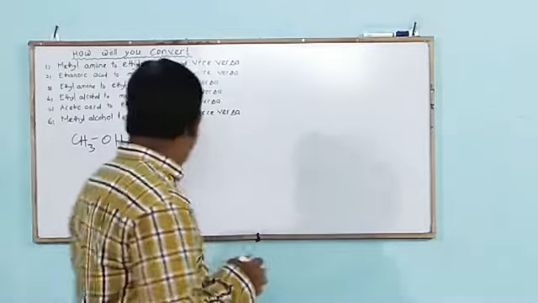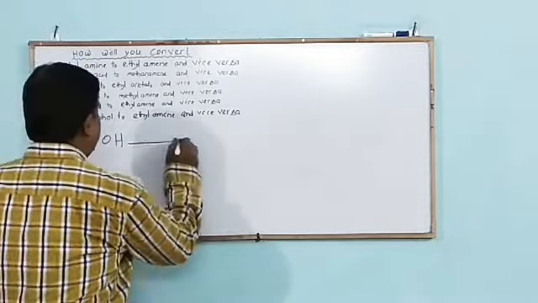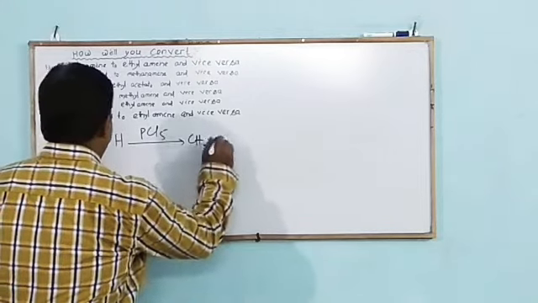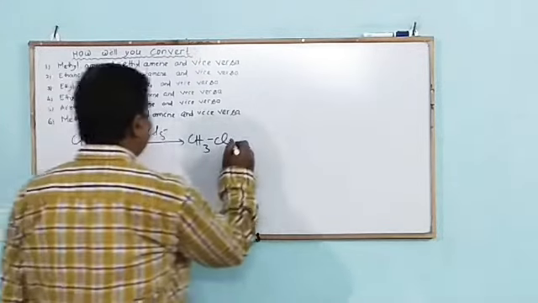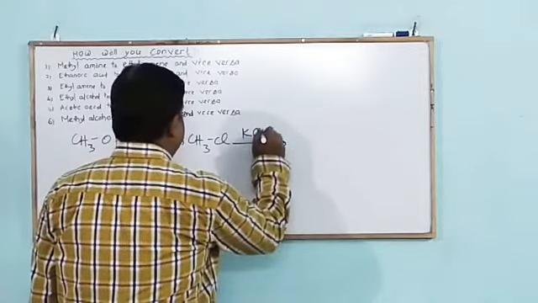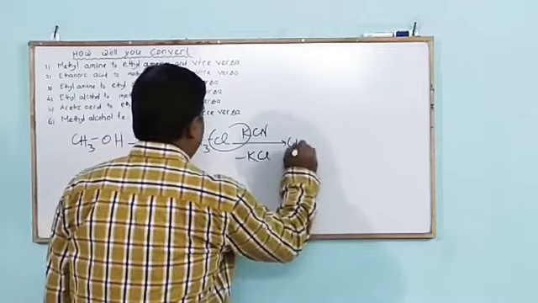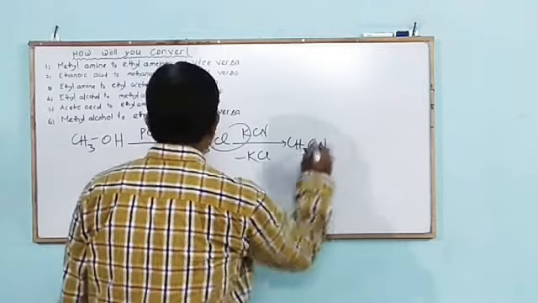Mark that. Methyl alcohol with PCl5 forms methyl chloride. With potassium cyanide, giving KCl, it forms methyl cyanide.